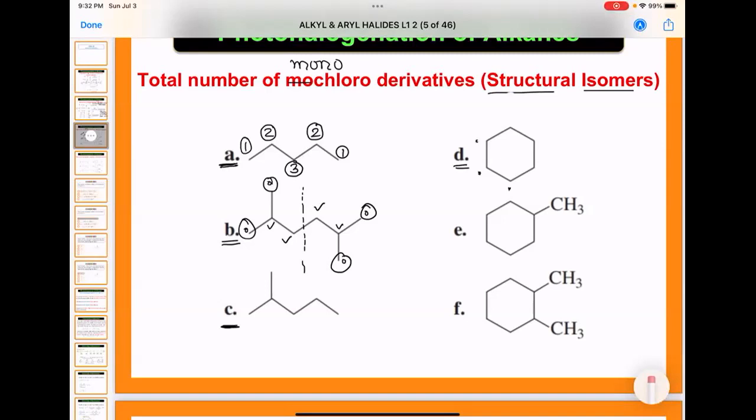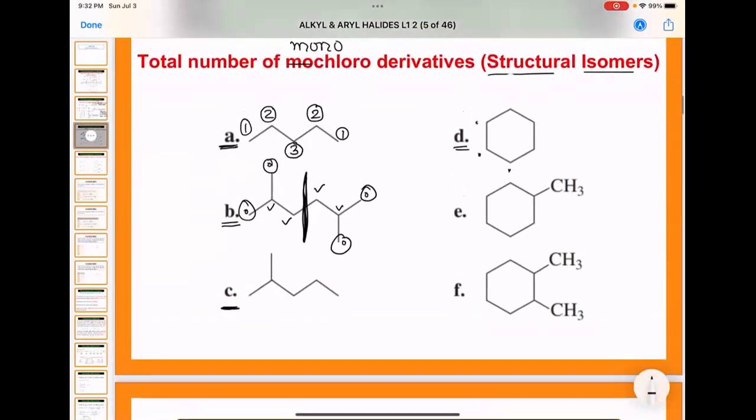We need to cover the whole molecule. First of all, we can't stop in the middle, as we did in the above two cases, A and B. There we stopped in the middle and did not proceed beyond the middle line, because it was the same, so it would just be a repetition if we crossed that middle line. Sir, is it five? Yes, let me check.